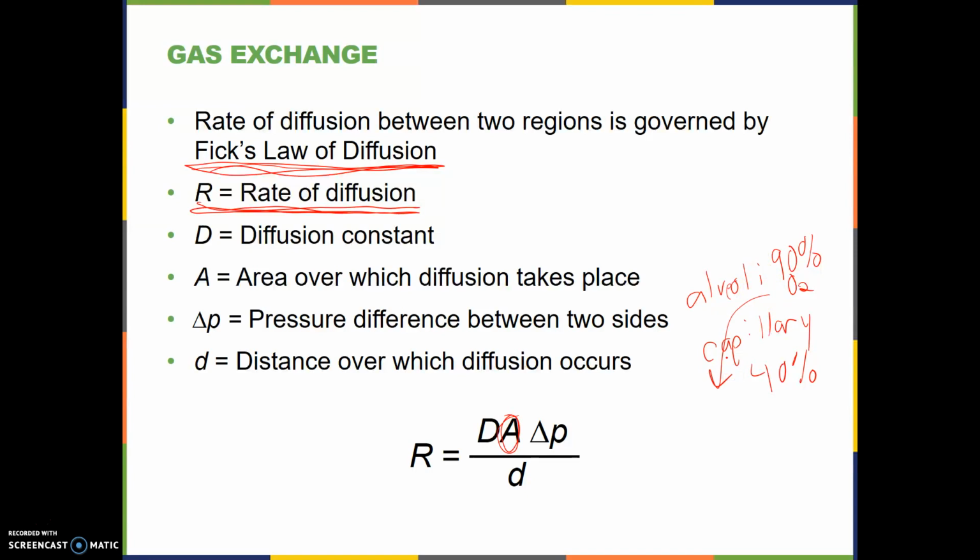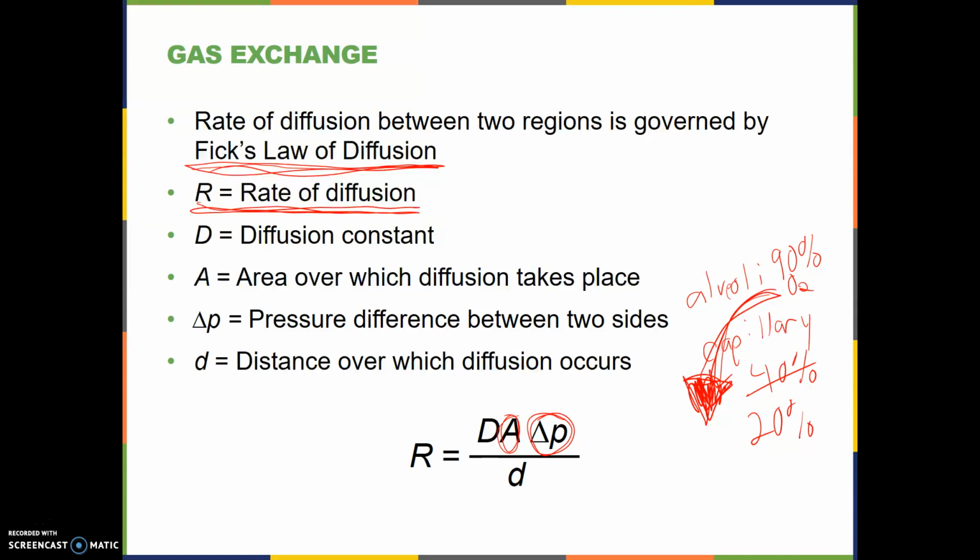Oxygen is going to diffuse at a certain rate, but if the difference was greater, say it was 90% in the alveoli and 20% in the capillary, then the diffusion rate is going to be even greater. It's going to diffuse even faster. So the percent difference tends to correspond with the pressure difference. The greater that pressure difference between the two sides, the faster the diffusion rate.